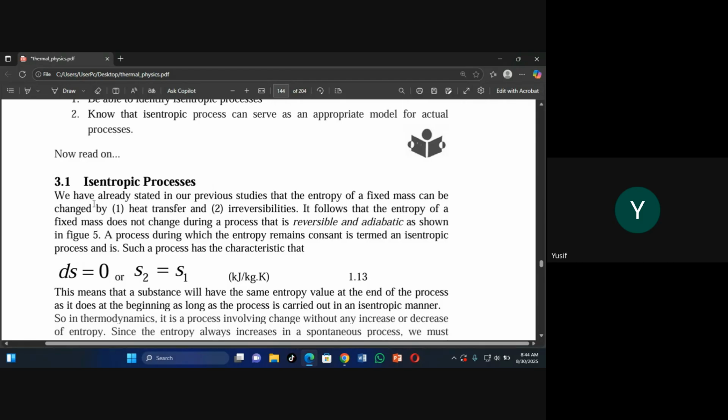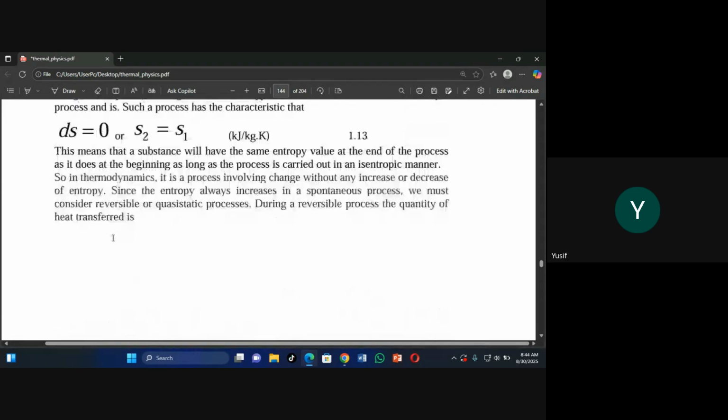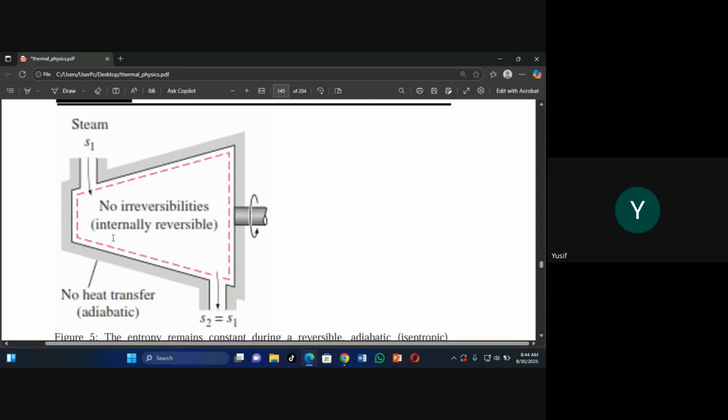Okay. We have already stated in our previous studies that the entropy of a fixed mass can be changed by heat transfer and irreversibilities. And it follows that the entropy of a fixed mass does not change during a process that is reversible and adiabatic, as shown in figure 5. And now let's see figure 5. And this is figure 5.